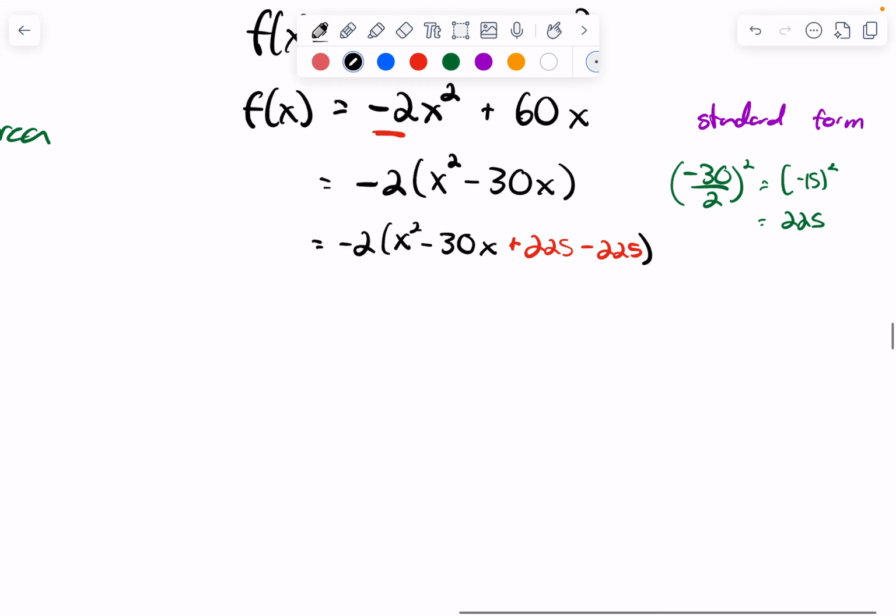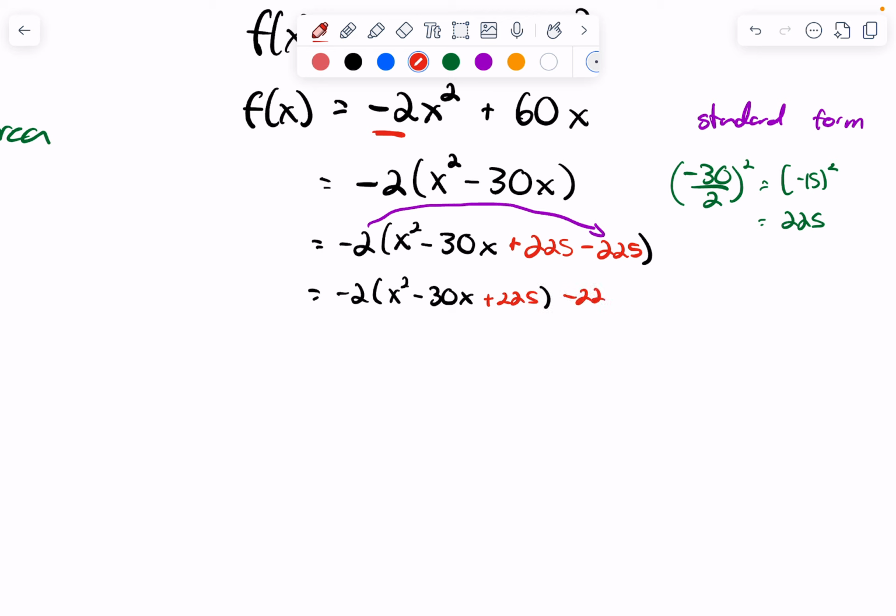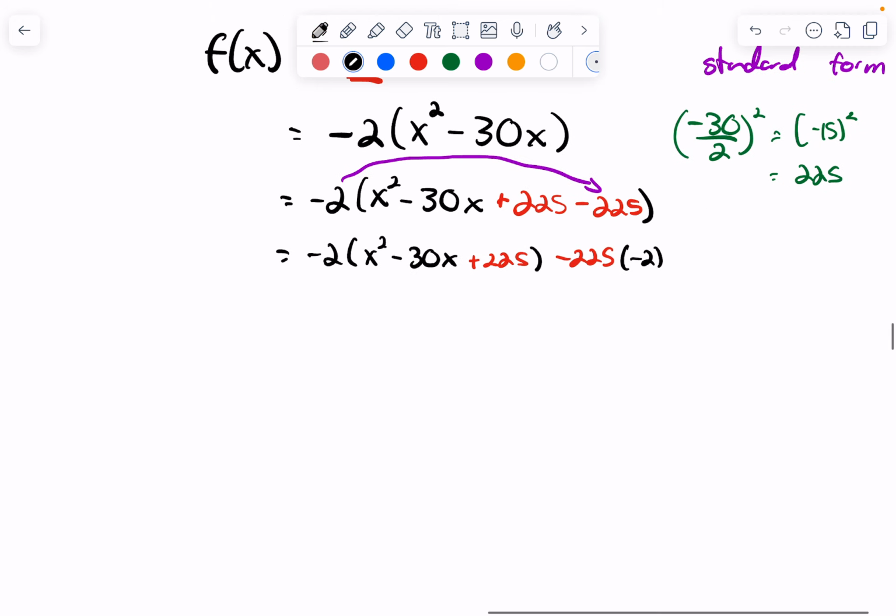Next step says to multiply that negative 2 by that negative 225 in the back here. So then you get minus 2 times x squared minus 30x plus 225, and then on the back side, it's now minus 225 times negative 2. So then you get minus 2 and complete the square now.